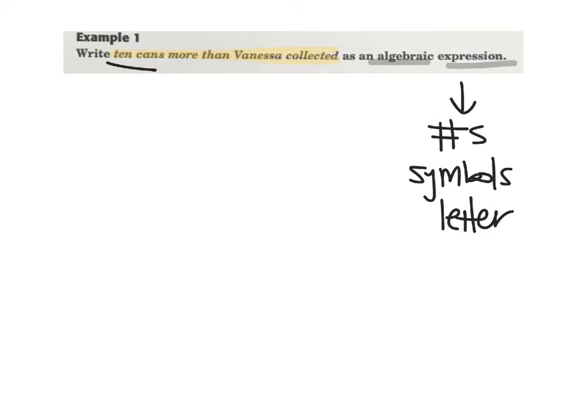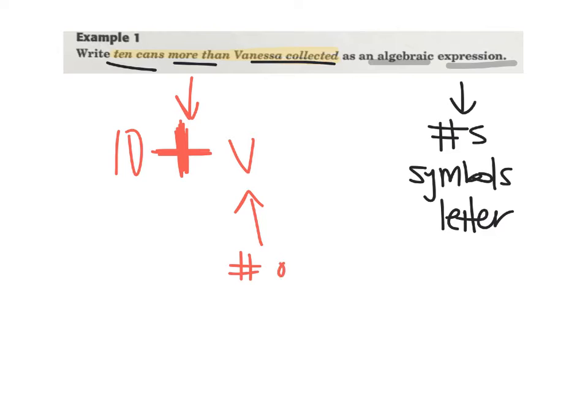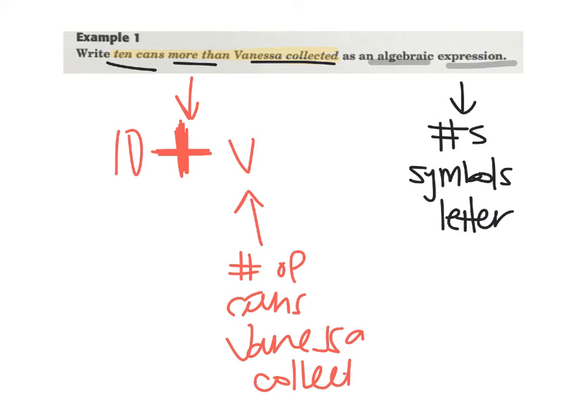I know that more than means that I'm adding. And it looks like I'm adding 10 plus however many cans Vanessa collected. So I'm going to use the letter V. The letter V is going to represent the number of cans that Vanessa collected. And then in order to figure that out, I would add.